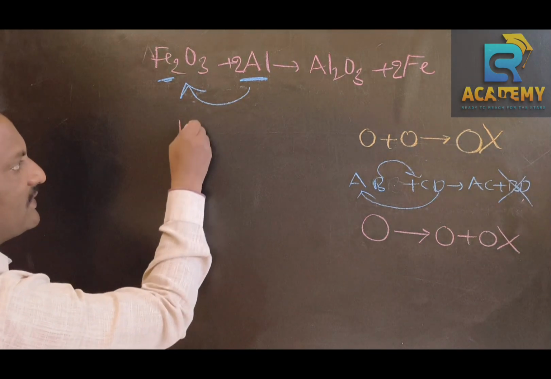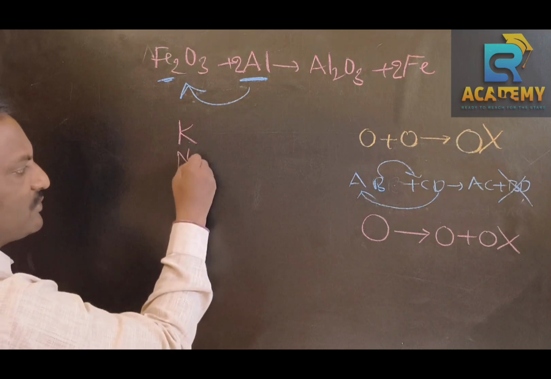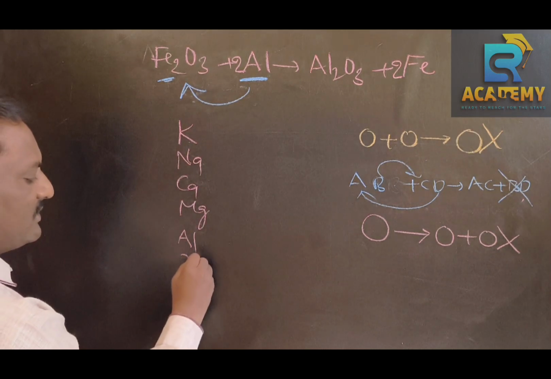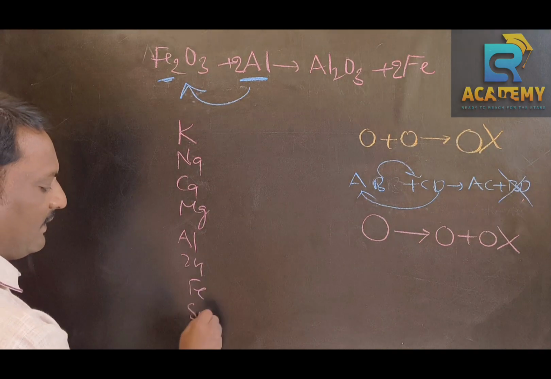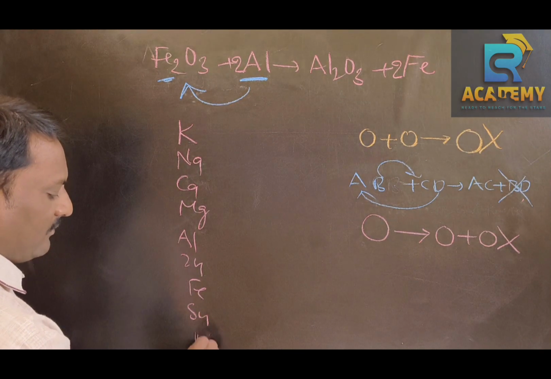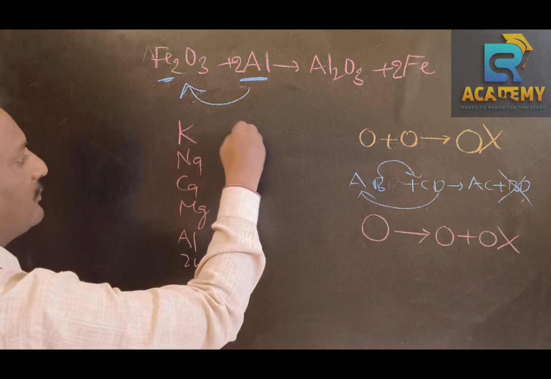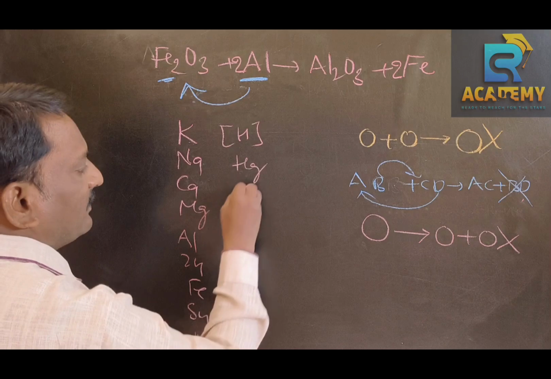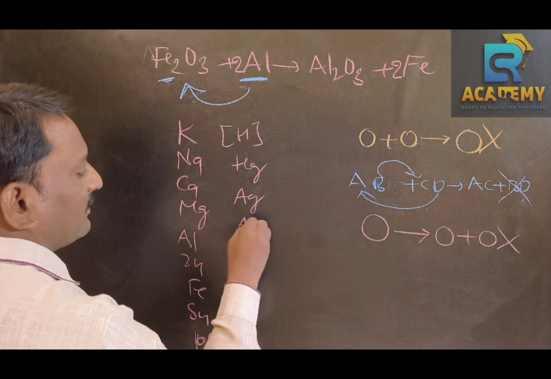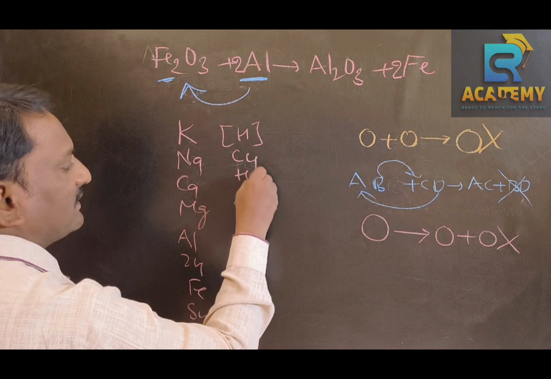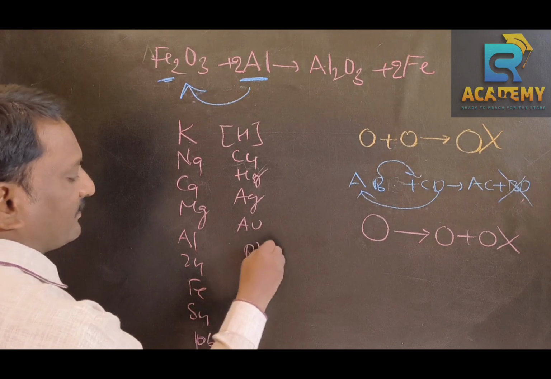According to the reactive series of metals: potassium, sodium, calcium, magnesium, aluminum, zinc, iron, tin, lead, hydrogen, copper, mercury, silver, gold, and platinum.